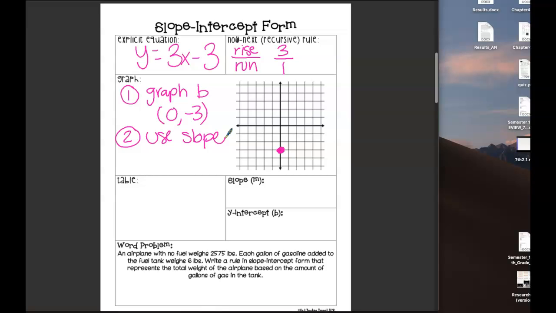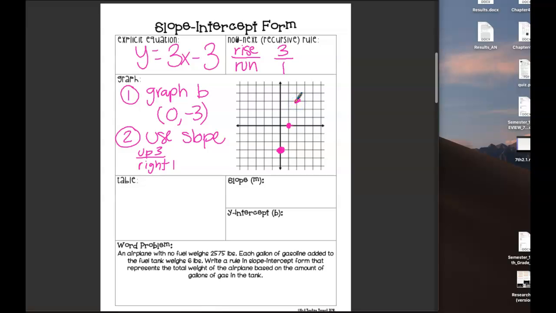3 over 1. So I go up or down? So up 3 and then right or left? Right 1. So if I start at this point and I go up 3, 1, 2, 3, right 1. I can do it again, up 3, right 1.